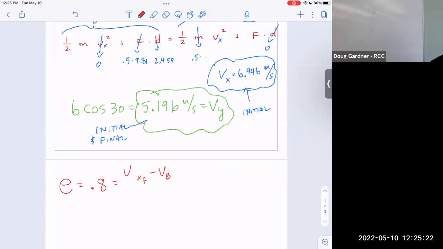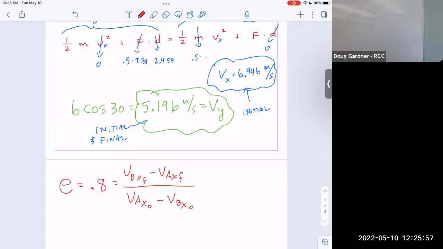Yes, I do, I do need those. VBX final minus VAX final, and then it just got reversed, and they're all initials. Is that true?